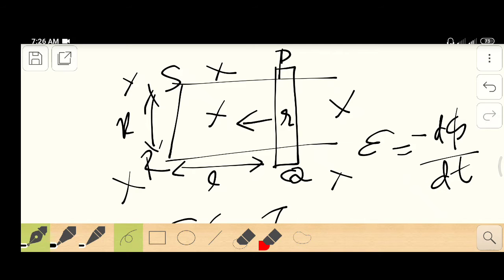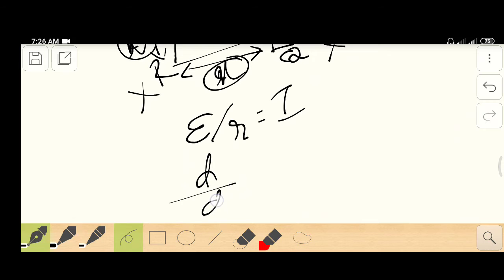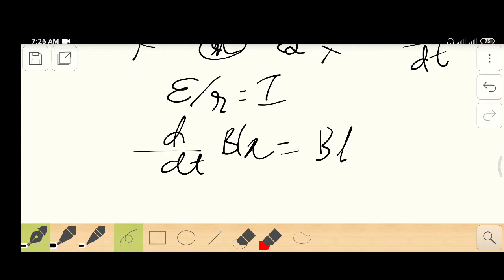Here, as the length is L and the breadth is x, B dot A is equal to B into L into x. So d by dt of B L x: as time changes, only the x value is changing, and L is fixed. So it is equal to B into L into dx by dt.